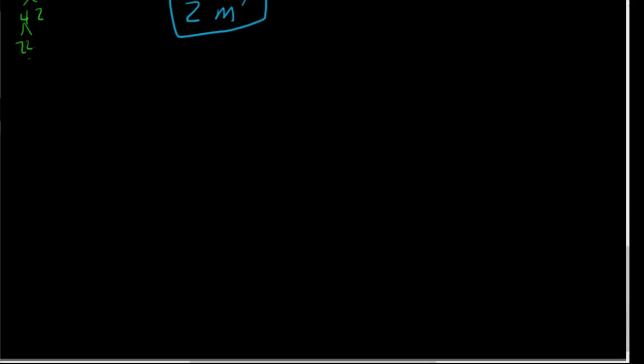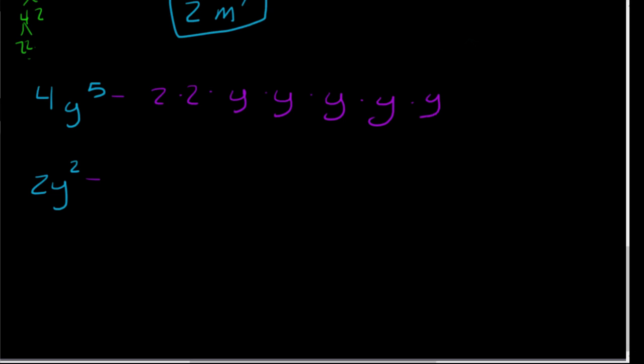Number 11 asks you to find the GCF of 4y to the 5th and 2y to the 2nd. So again, we'll just break these down. This becomes 2 times 2 times y times y times y times y times y.